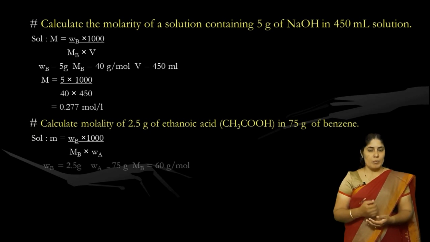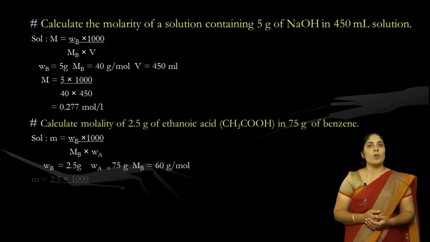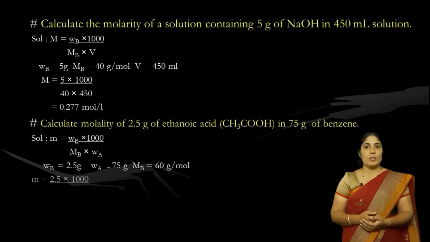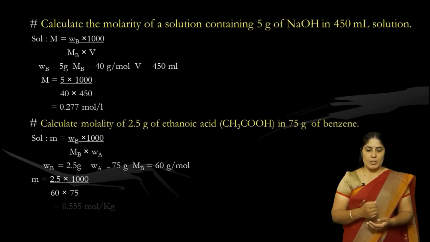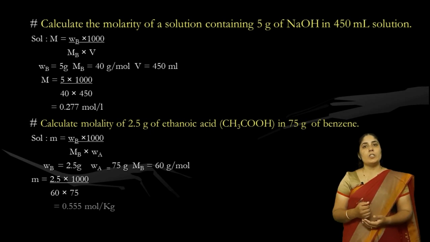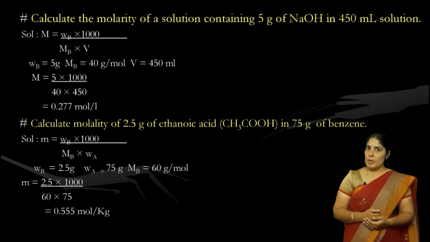The third problem is based on molality. Calculate the molality of 2.5 gram of ethanoic acid in 75 gram of benzene. Directly taking the equation, M is equal to Wb into 1000 by Mb into Wa.